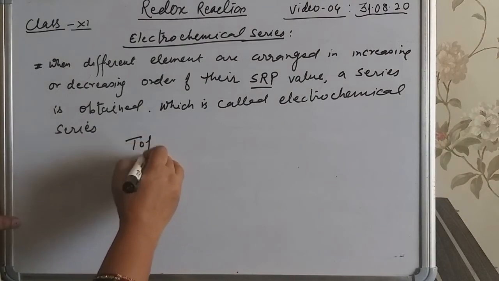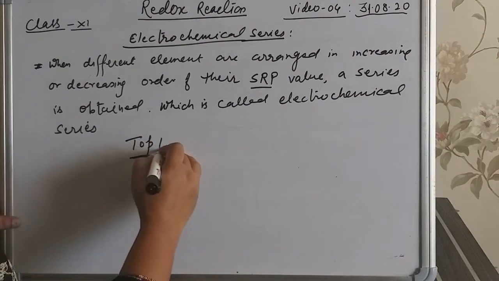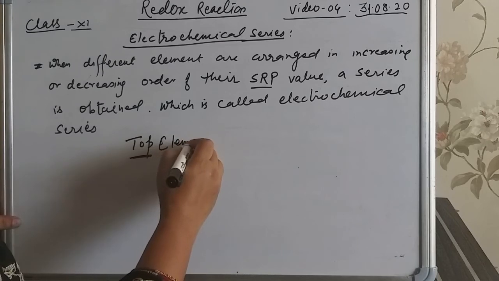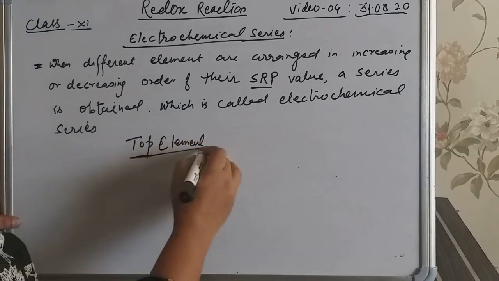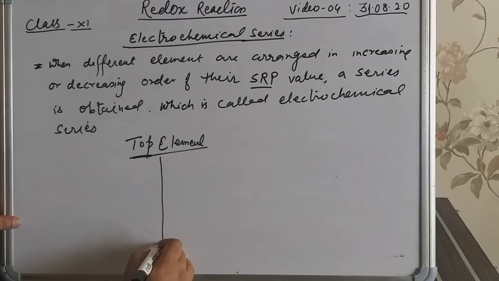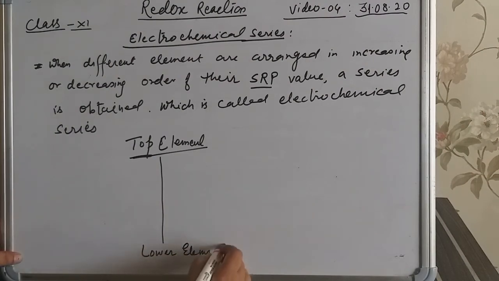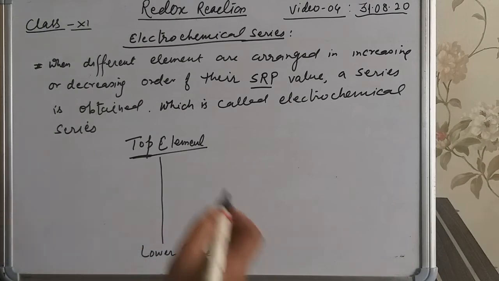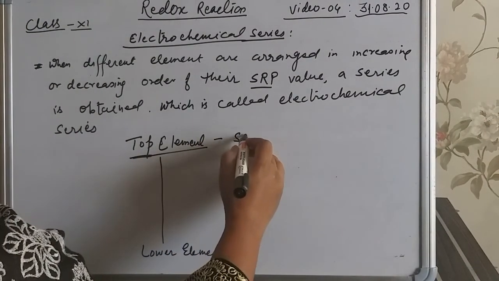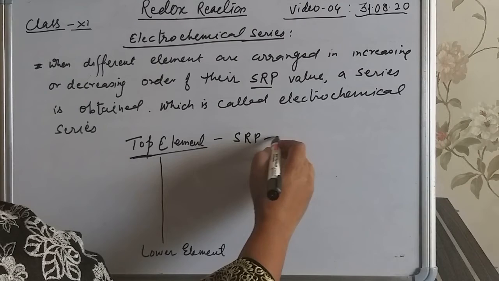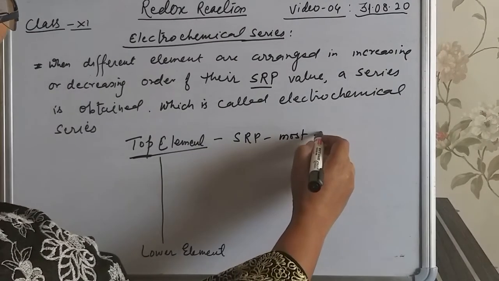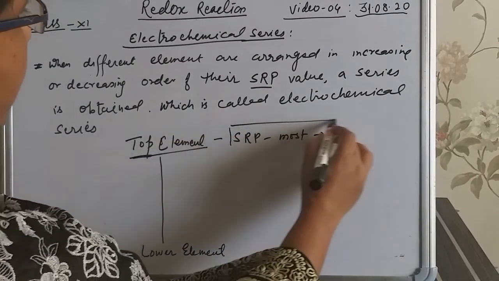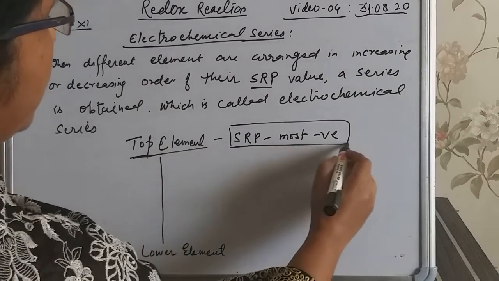In the electrochemical series, the top elements are written at the top, and as we move from top to bottom, the lower elements are placed. For top elements, the SRP, the standard reduction potential, is most negative.